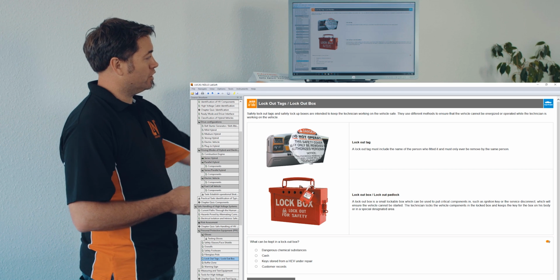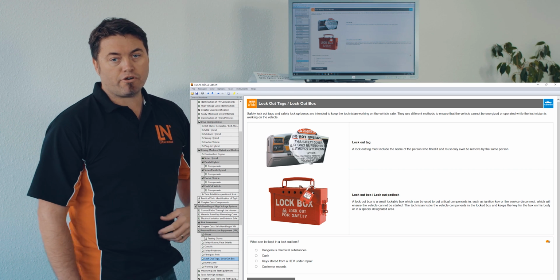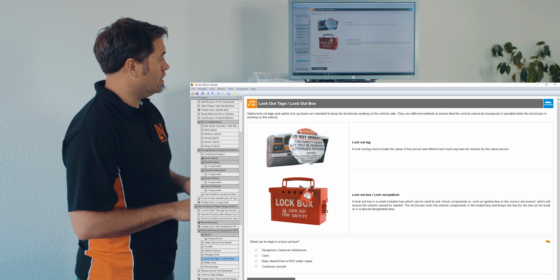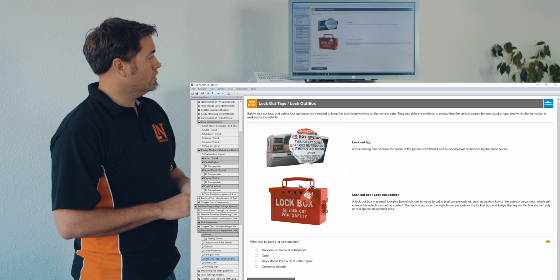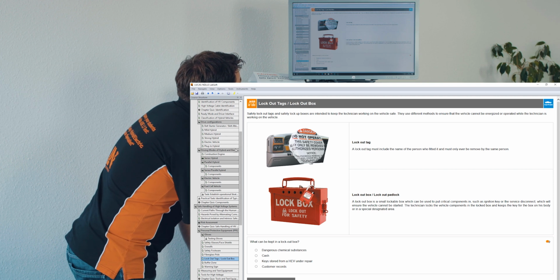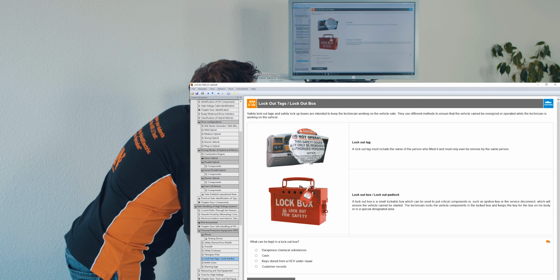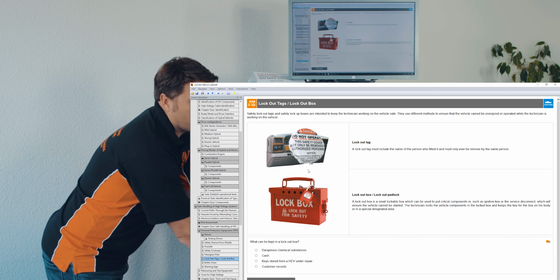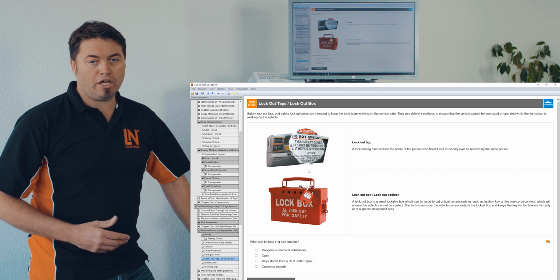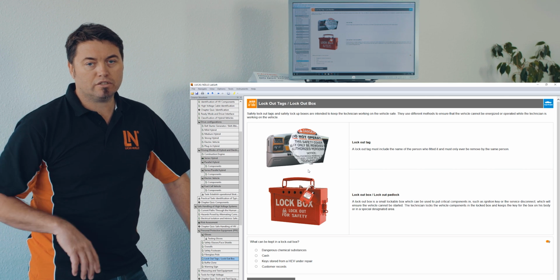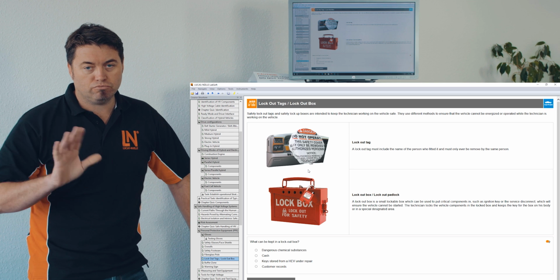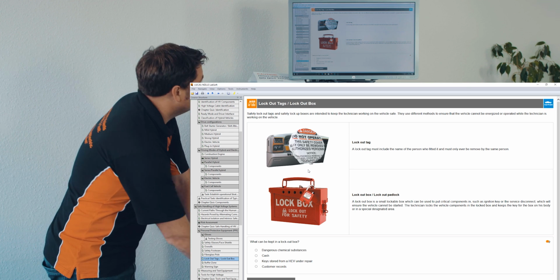You put the components inside the box that are necessary for the vehicle to run, like the key or the service plug. If that's not possible, you can also have this type of tag, which goes over a very obvious place so that anyone really has to be stupid to start the vehicle. It says on there quite clearly, don't touch this vehicle.